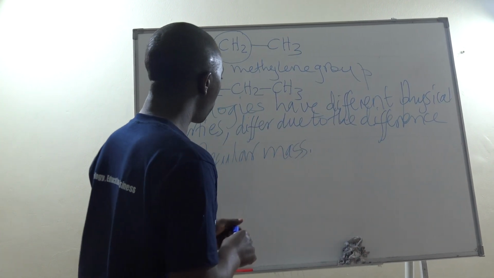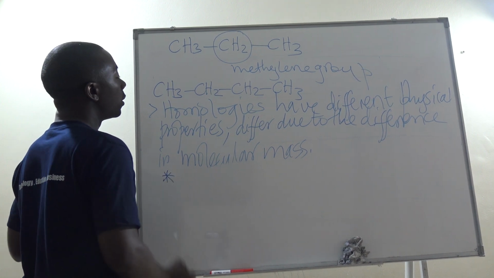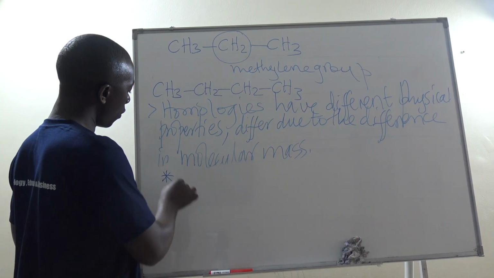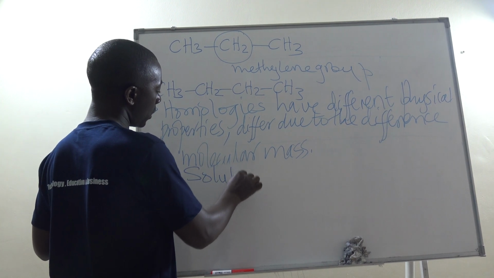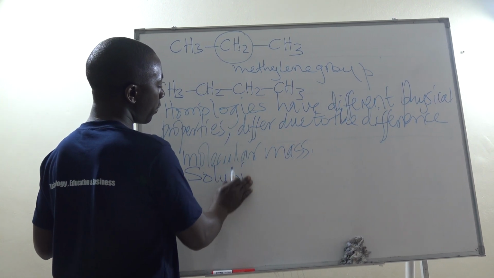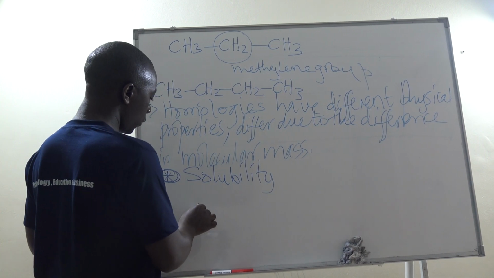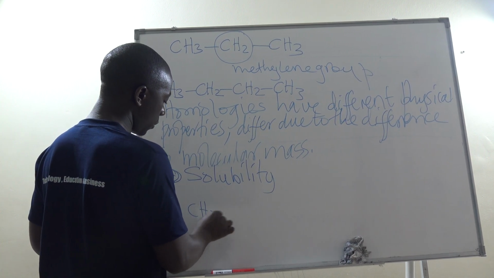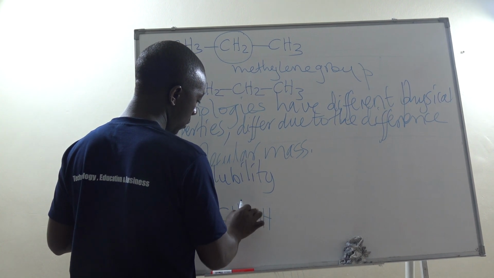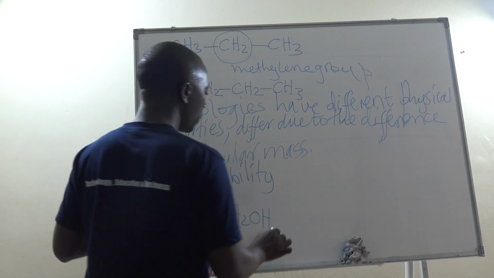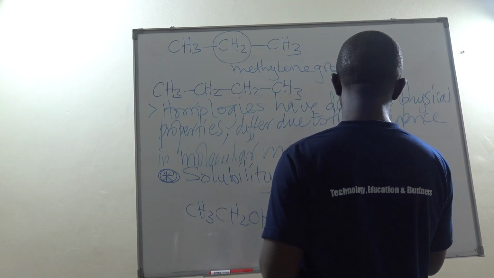One of the physical properties of the homologous series is solubility. Solubility is a physical property. Now I want to compare the solubility of this alcohol and this alcohol.